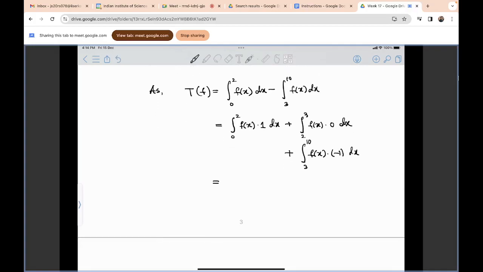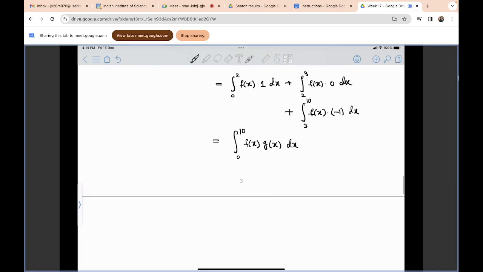So then we can write the integral from 0 to 10 of f(x) g(x) dx. Then what is g? g is given by 1 when x belongs to 0 to 2, it is 0 when x belongs to 2 to 3, and it is minus 1 when x belongs to 3 to 10.